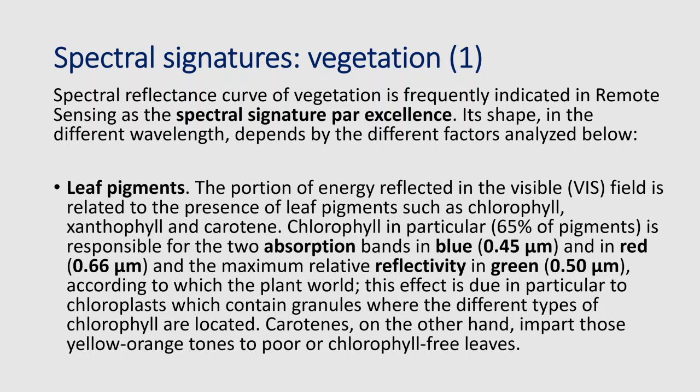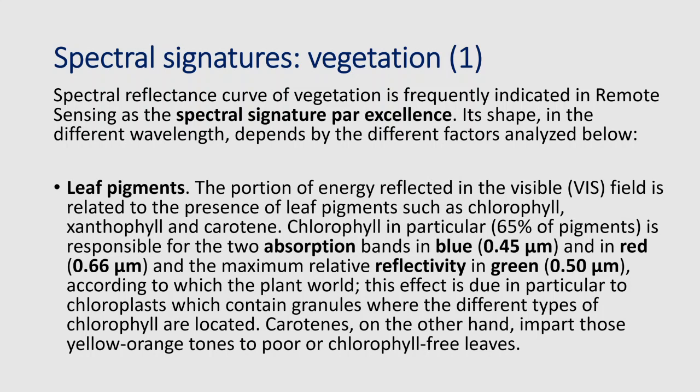Why is it completely absorbed? Because this energy is absorbed by the chlorophyll in order to run the photosynthesis. So when the vegetation is in a phenologically active state, that means the vegetation has leaves, for example in spring, and so the photosynthesis is active.